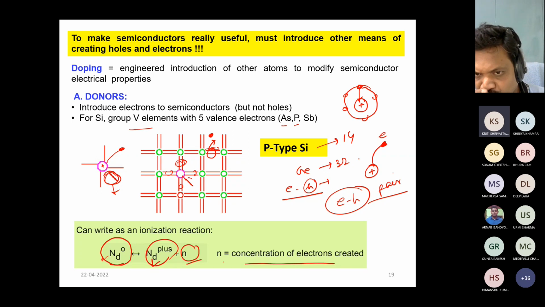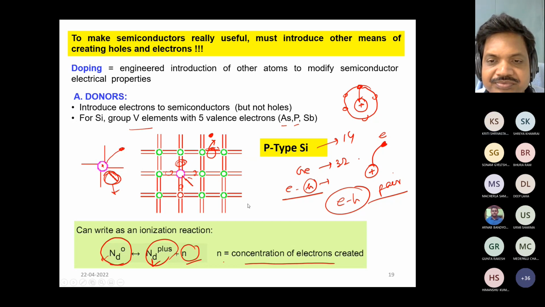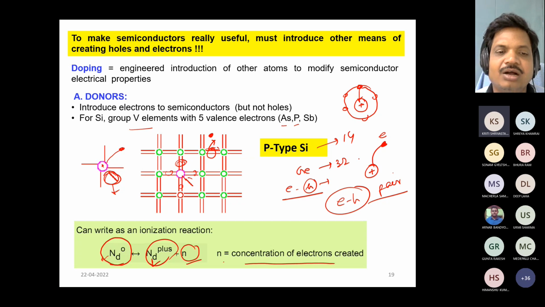Less holes. Yes, less. Why is it less? Because the doping will have only electrons. Then how will electron hole pairs be generated?